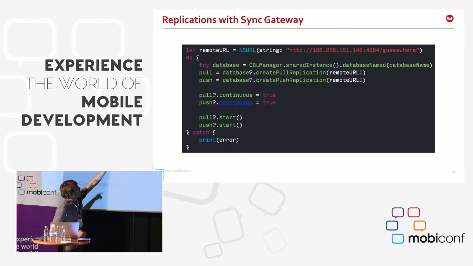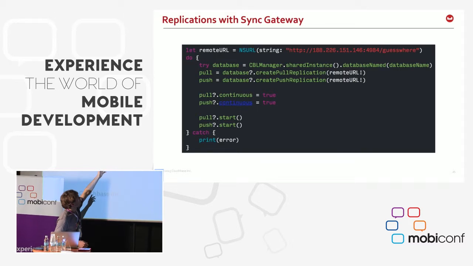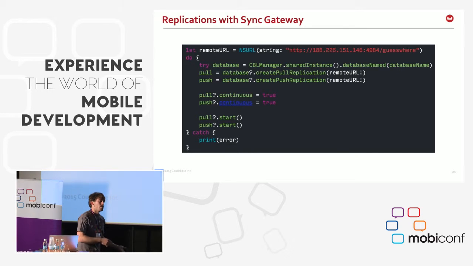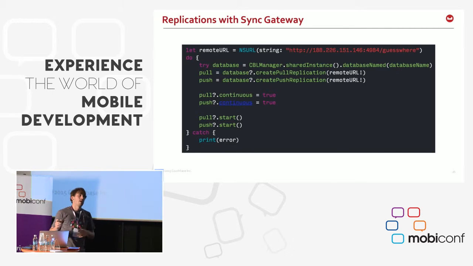With the manager and the database, we create a pull and a push, and we use continuous enabled. That means it will actively monitor the database for new documents to push, and actively monitor the remote database, Sync Gateway, for new documents that were synced to it, and then pull them. That would be using WebSockets or long polling.